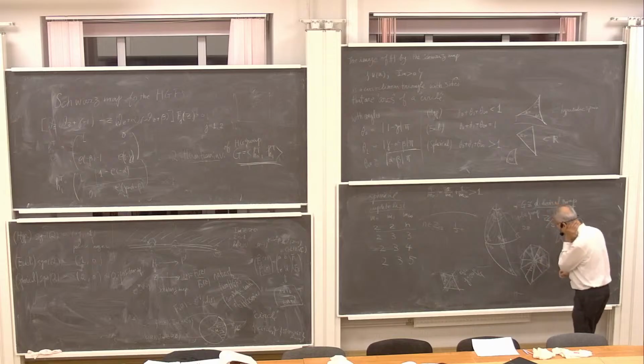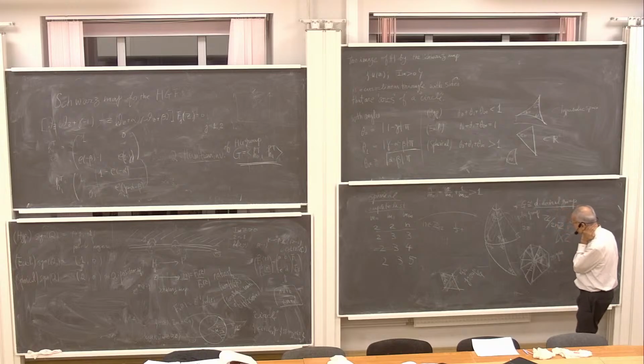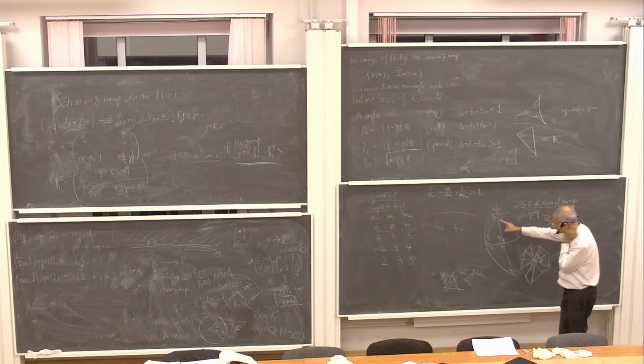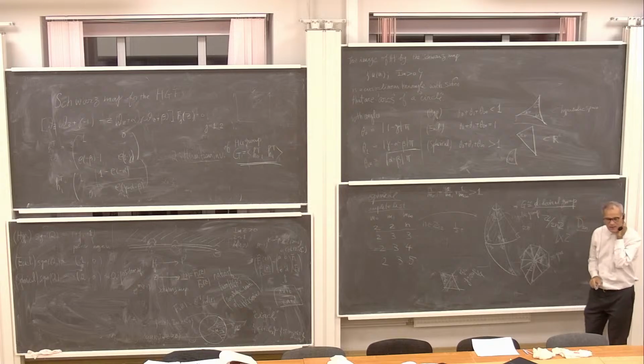Yeah, two n-gon. Of course, yes. Well, yes, I have two n-gon. Polyhedron.